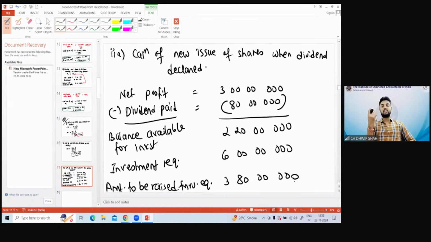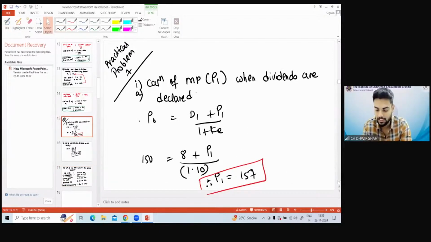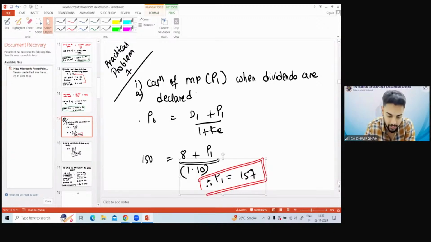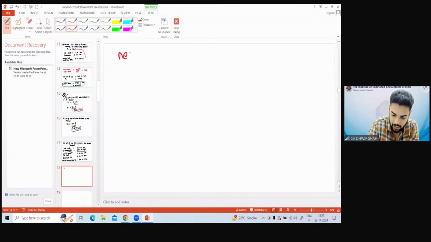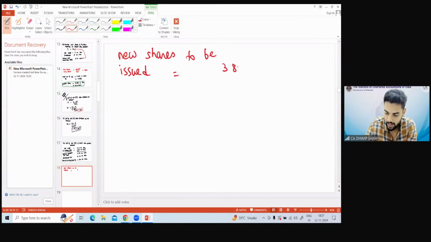Again, I will issue this at some price. And what would be that price? That would be the current market price. Sorry, not the current market price, but the price at the end of year one, because everything is happening in the next accounting year. Yes or no? So when dividends are declared, my price will become 157. So new shares to be issued in that case would be 3.8 CR divided by 157.